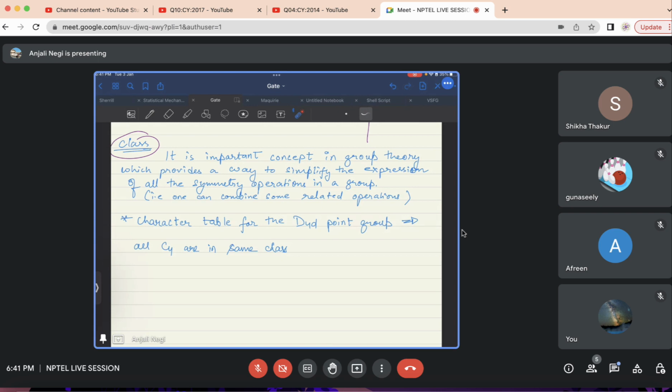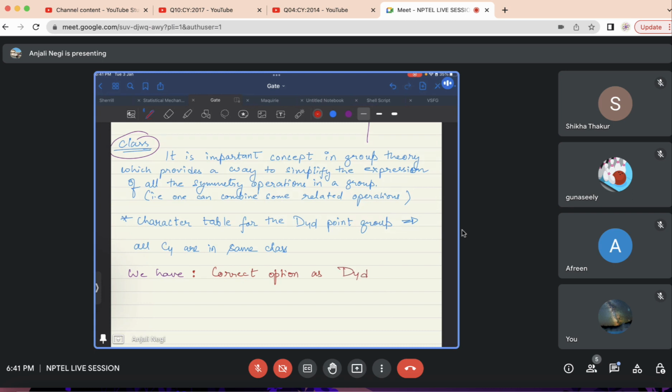Okay, so if you check the character table for the D4d point group, you have all the C2 in the same class, and that is why our correct option is D4d.